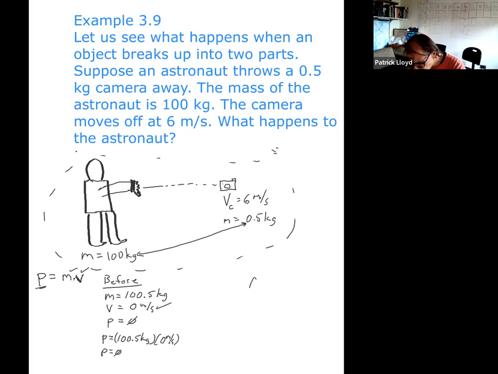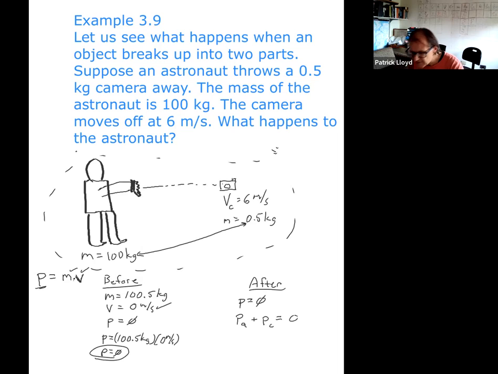Now, after you throw the camera, we have to have the same amount of momentum that we began with. So if we began with 0, we have to have 0 here. There can't be any overall momentum. But we've got two objects now. We've got the astronaut and we've got the camera.